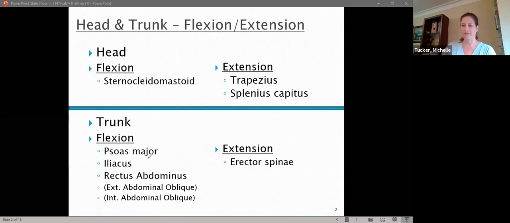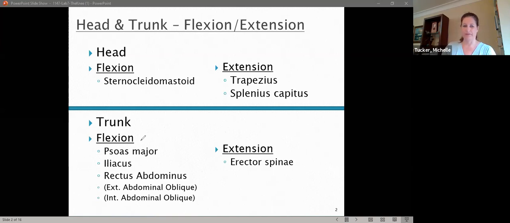So I'll always give you the benefit of the doubt, or the most possible answer choices if it's an answer choice. And then I'm trying to limit the ones that you need to know for going from trunk flexion to trunk extension.